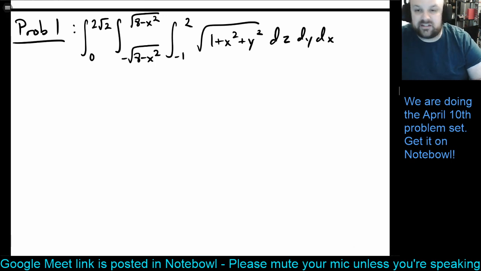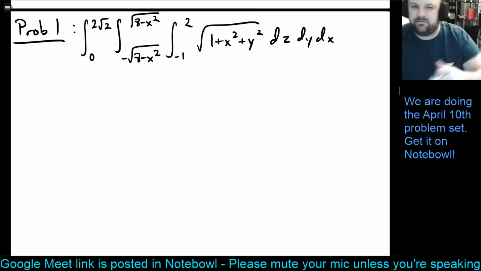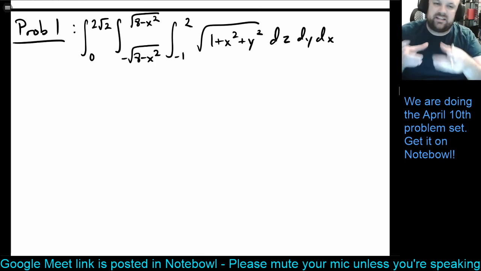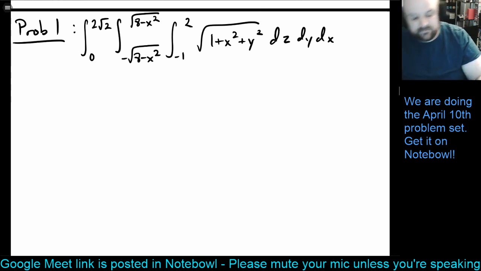Since z is the inside integral, I know z just goes from minus 1 to 2, so it's a pretty simple shape in the z direction. Let's look at what this is in the xy plane, because whatever shape we get in the xy plane is just going to translate up and down for the z direction.